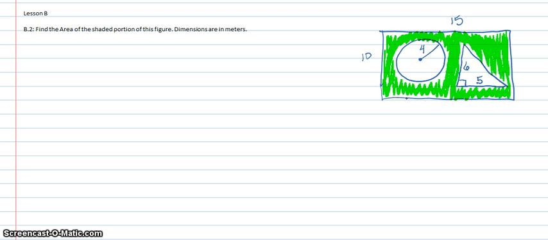So let's start out with that area of the rectangle. And that is 10 times 15, which is 150 meters squared.